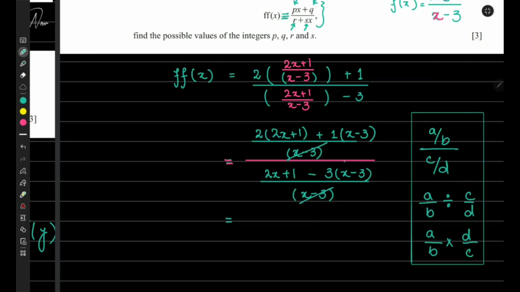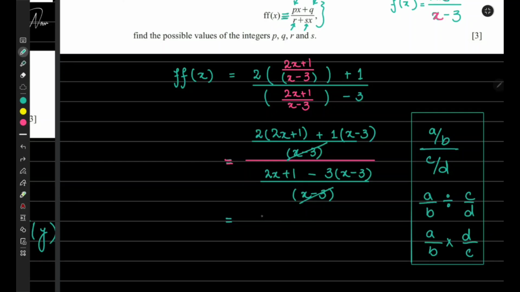So actually this whole fraction will be multiplied with the above fraction, and because x minus 3 and x minus 3 will come, one in the numerator and one in the denominator, they will cancel out. But we can directly also cancel out the common denominators.